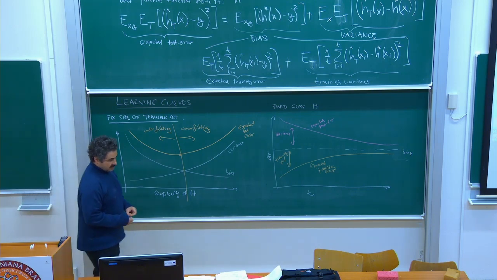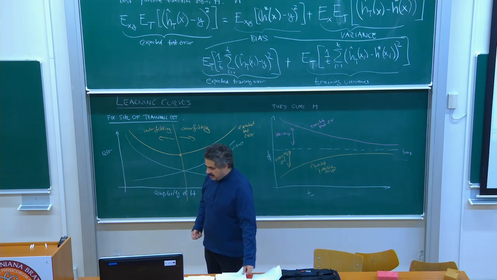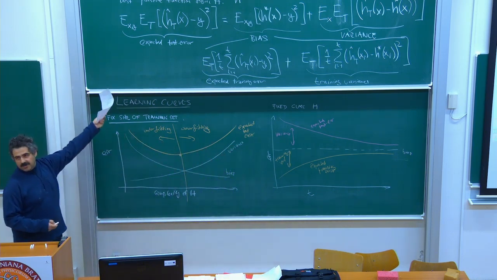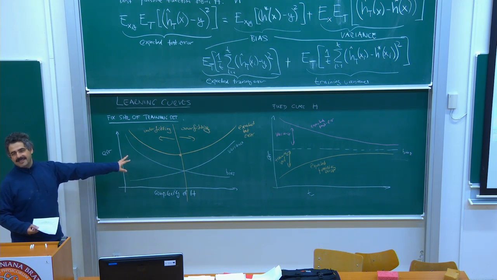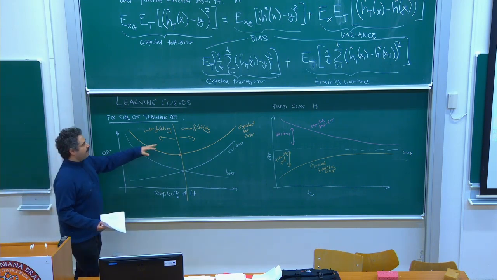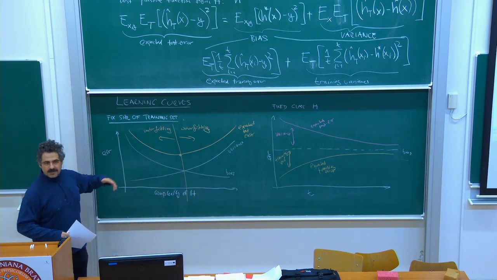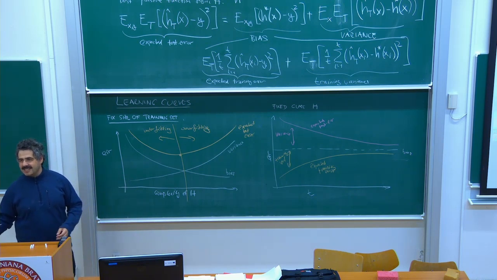Okay, so the first question that we are going to look at today is how can we deal with all of this in practice? I mean, this is a nice theory, right? But this is full of expected this, expected that, which is computed over infinitely many choices of training sets and things like that.